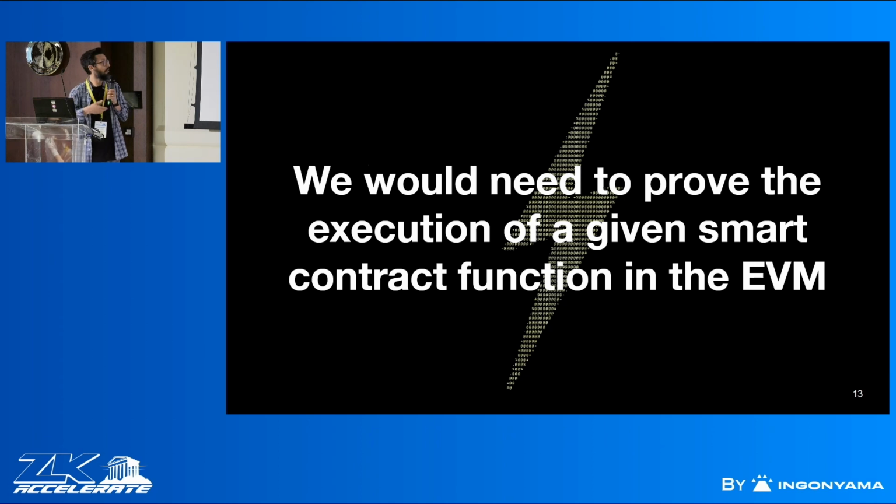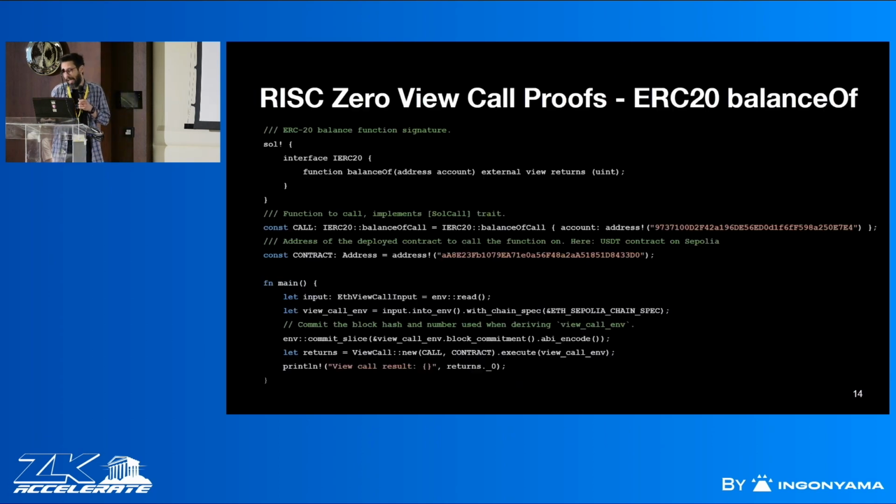In our case, our RISC-0 ZK VM, that's possible. So that is basically an example of how one developer could use this library that we developed, the view call proof library. And it's pretty straightforward, I would say.